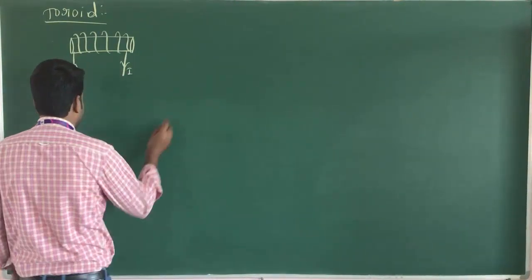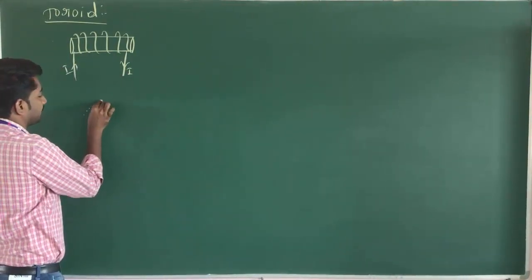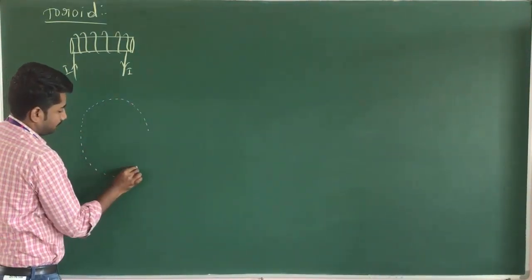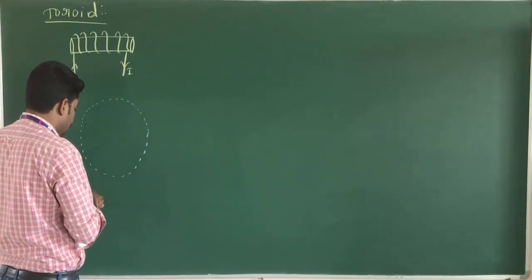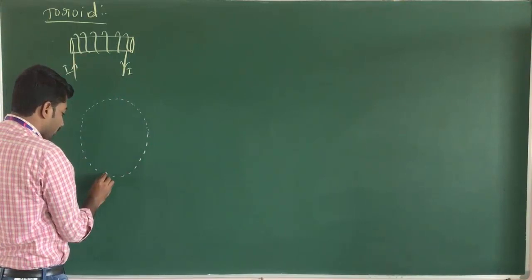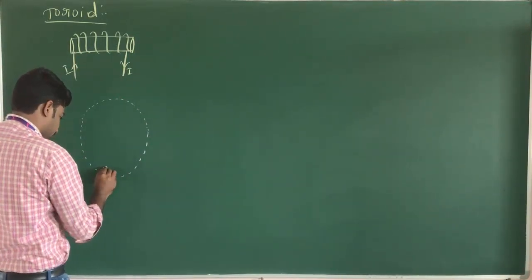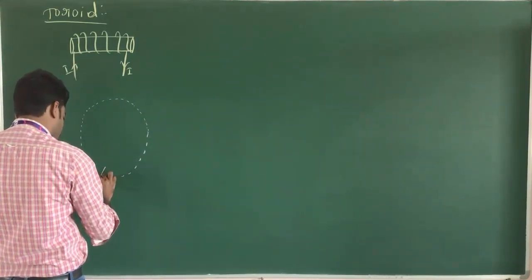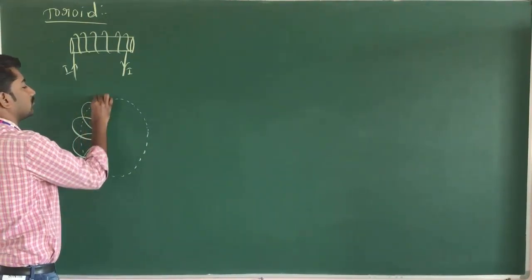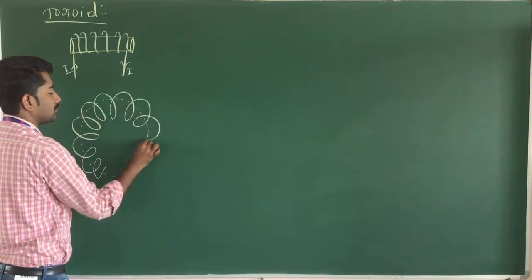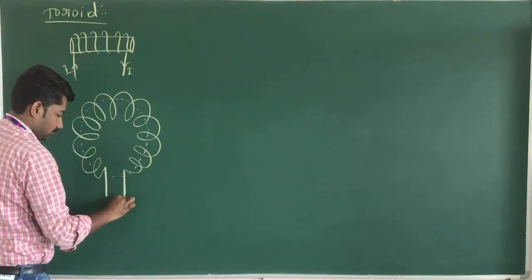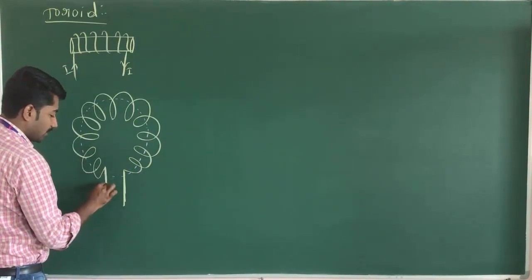Now I draw the diagram of the toroid. This is a solenoid. This solenoid is bent into the form of a circular ring. This is called a toroid.